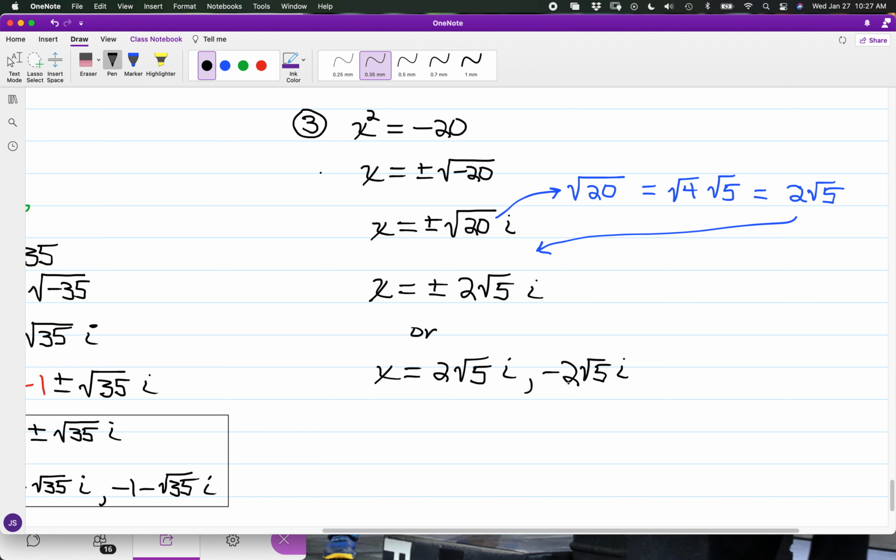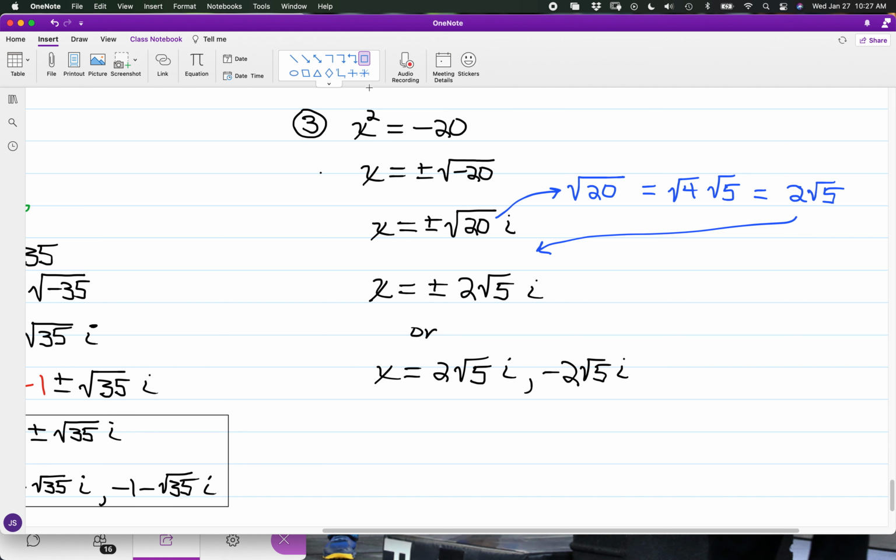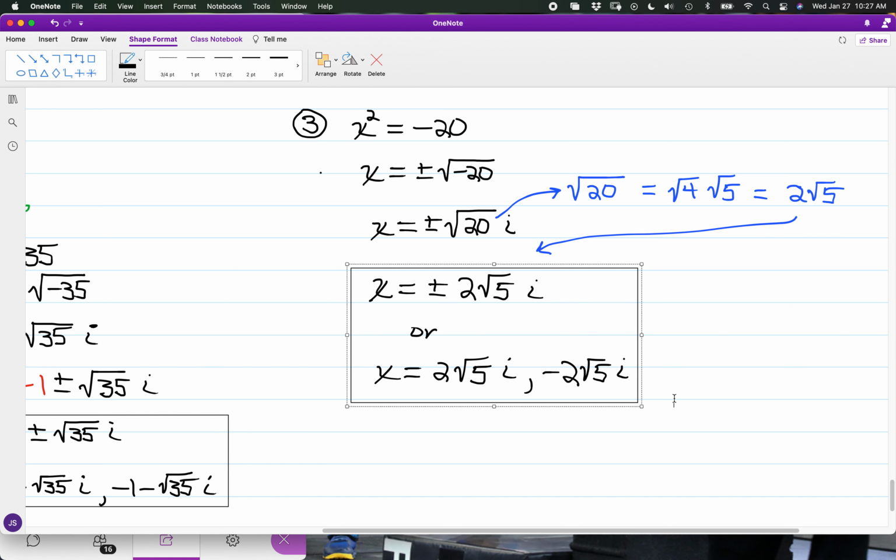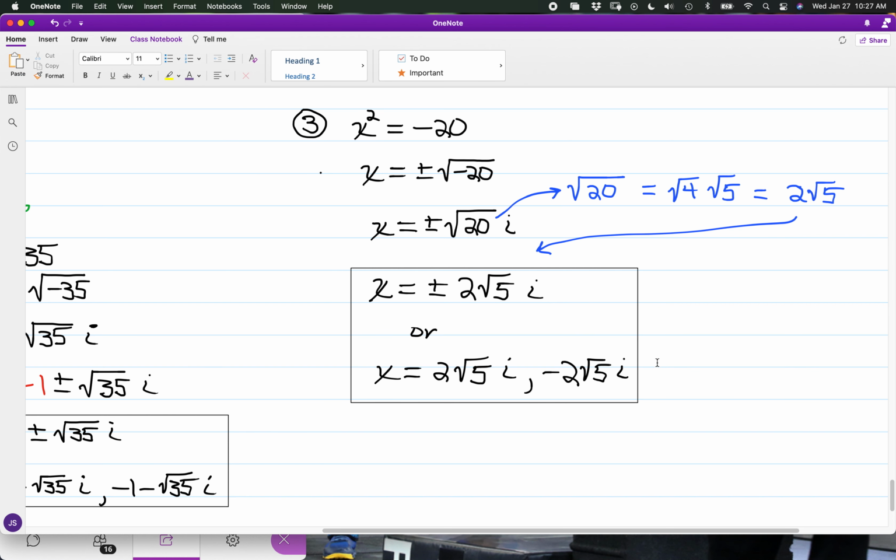I can write the results separately, and if I have multiplication between the radical and i, I can shift the radical behind the i and have 2i square root of 5, negative 2i square root of 5. So it can also be written in that layout, or even plus or minus 2i times the square root of 5.